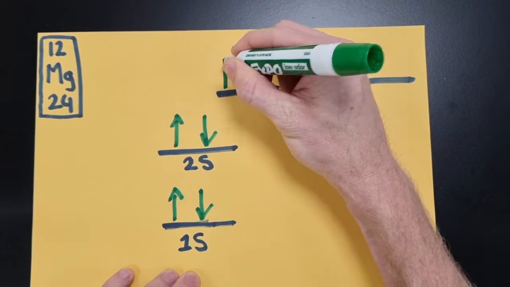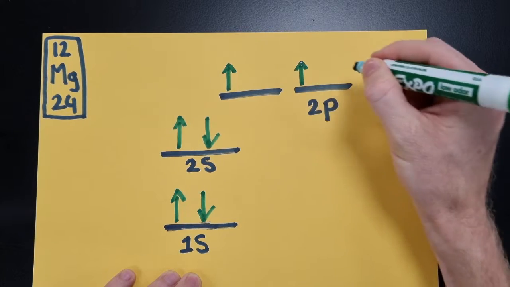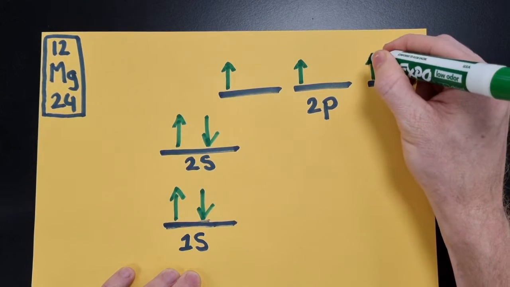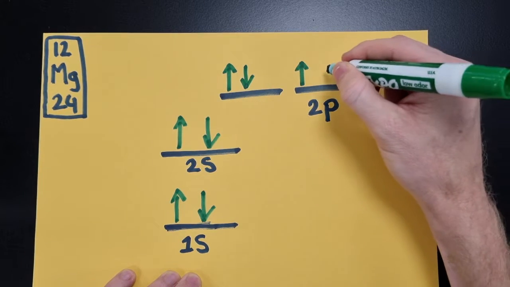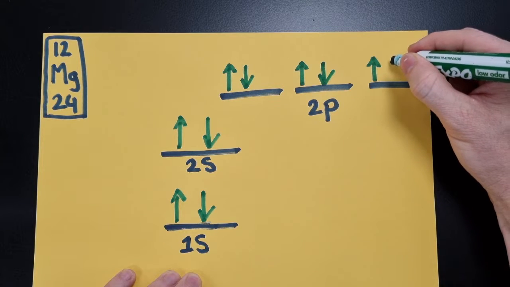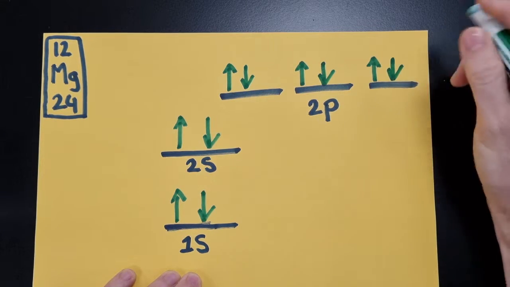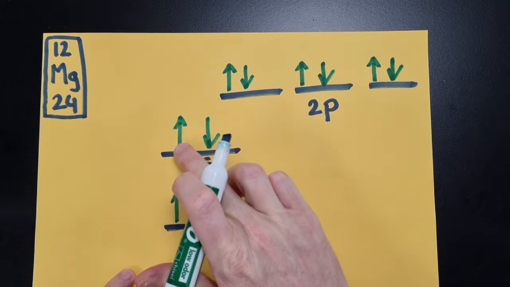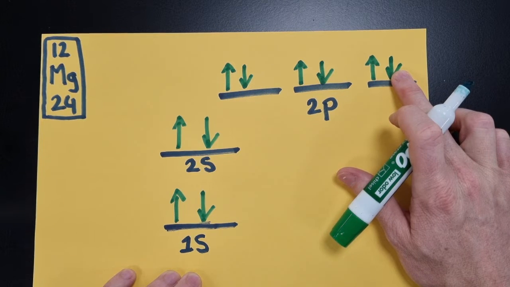So I can go 1, 2, 3, 4, 5, 6. At this point, I've got 1, 2, 3, 4, 5, 6, 7, 8, 9, 10.